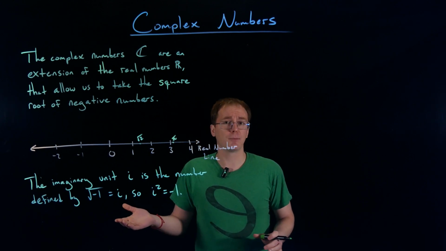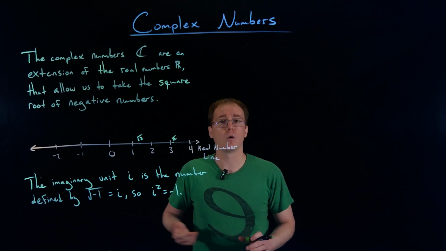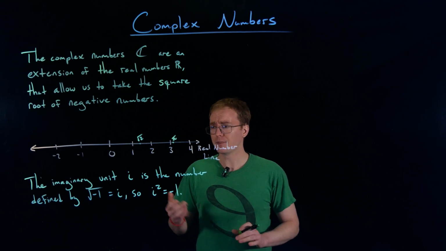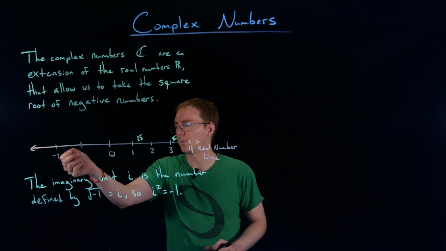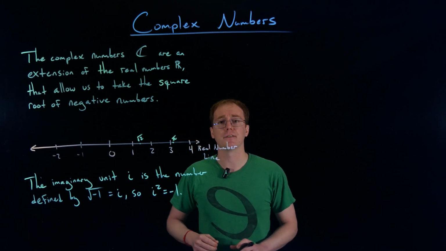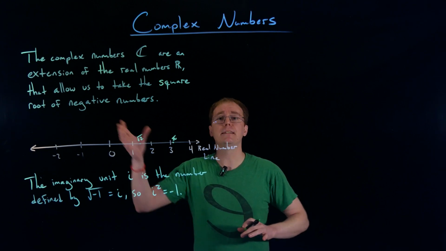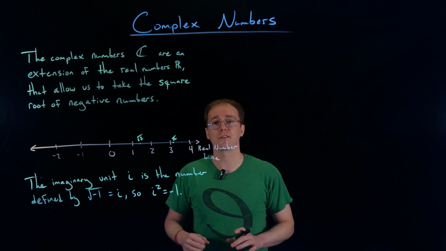But is there a spot for something like the square root of -4 or the square root of -1 on our real number line? And it turns out there is not. There's not a good spot where we could put the square root of -1 or the square root of -4 here in any way that makes sense. So that's one of the many reasons why we need this complex number system. And this is just an introduction to the complex number system.